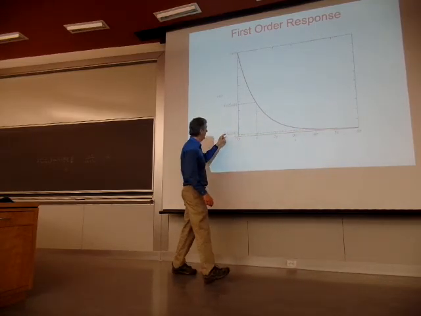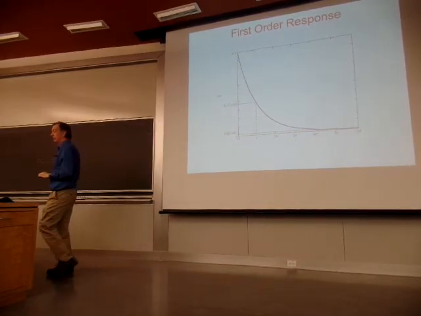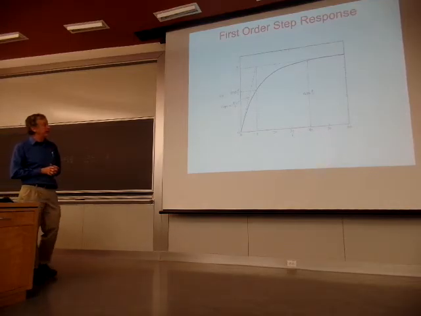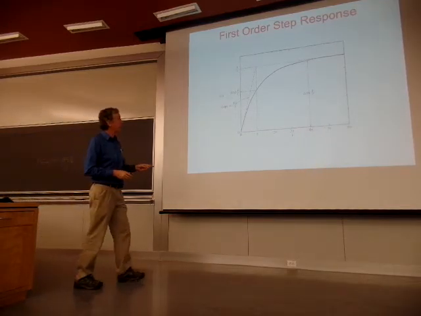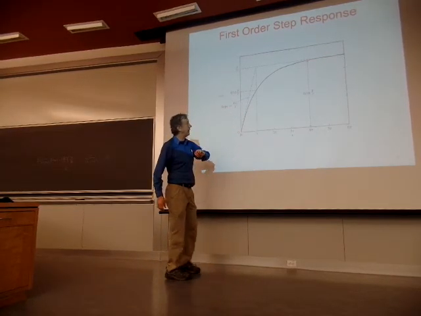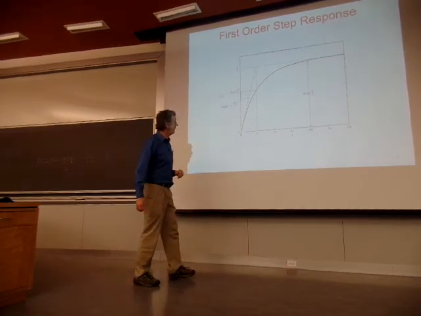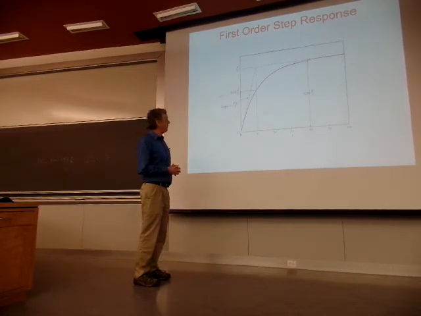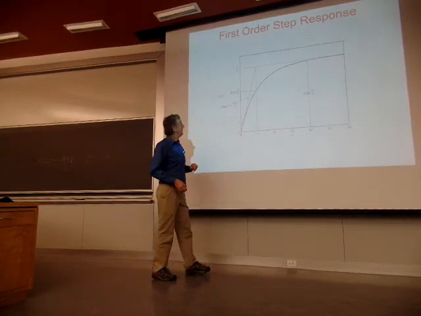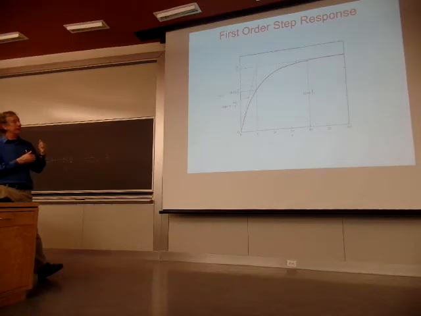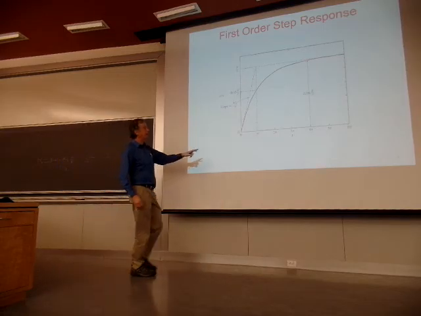Four time constants is at 0.02, 2%. Usually we like to look at this in terms of a step input. For one time constant, we're 63% of the way to the final value. Three time constants is 95% of the final value. Four time constants is 98%. You notice that the initial slope is the steady state magnitude divided by the time constant.